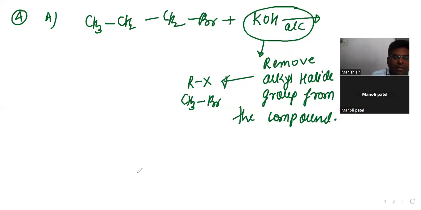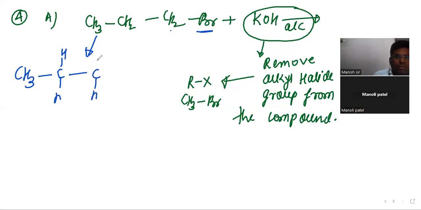You can see here in the given compound, Br is there and H is there. So this can be written in the form like this, CH3, CH, H here, here I will write Br and here H. I have shifted it here, right?